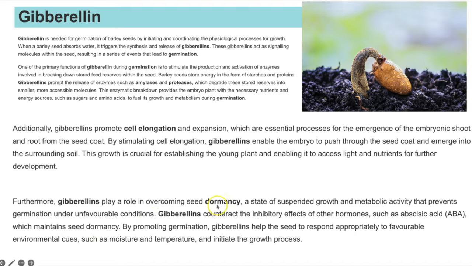So gibberellins counteract the inhibitory effects of other hormones such as ABA, which maintains seed dormancy. And by promoting germination, gibberellins help the seed to respond appropriately to favourable environmental cues such as moisture and temperature, and therefore initiate the growth process.